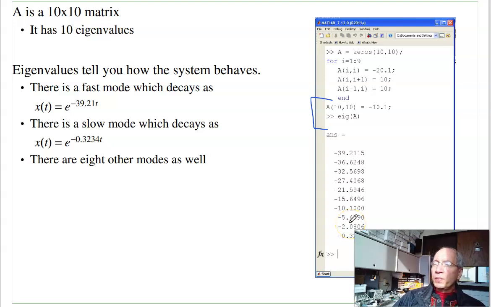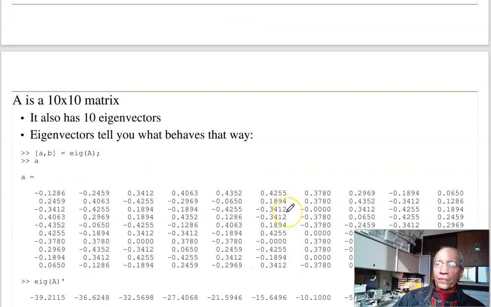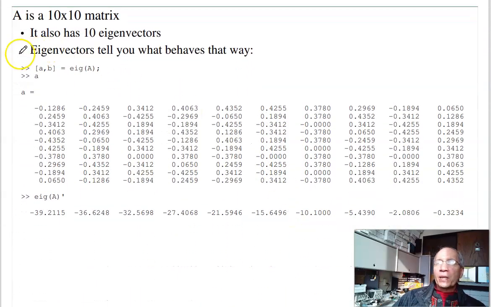If you want to know what behaves that way, that's an eigenvector. Now in Matlab, you actually have to ask for the eigenvector. If we return 2 parameters, I get the eigenvector and the eigenvalue. The reason for that is very few people know what an eigenvalue is. Even fewer know what eigenvectors are. So if you want to know the eigenvector, you've got to work for it.